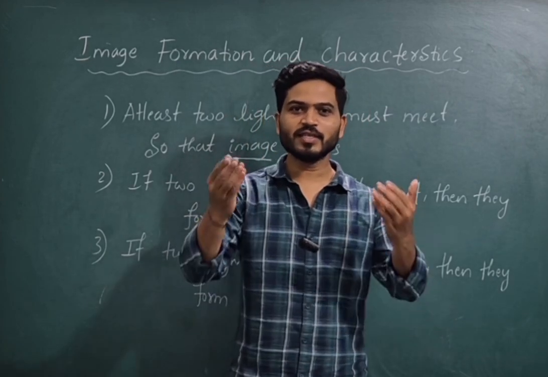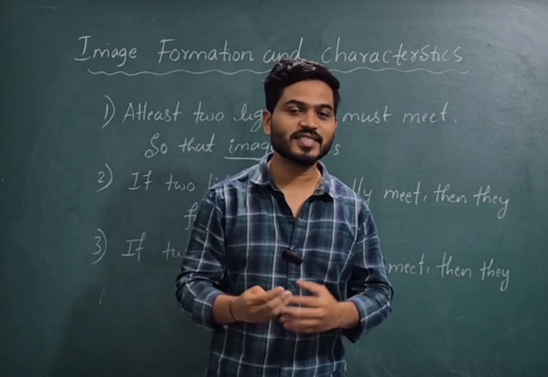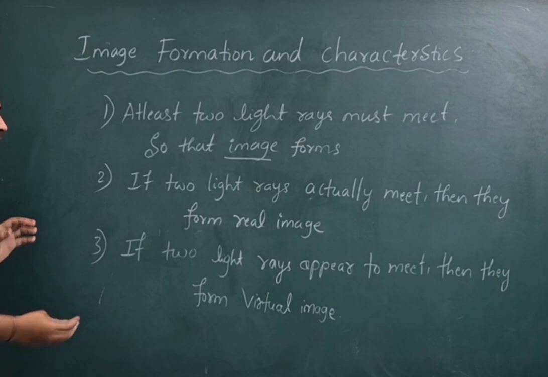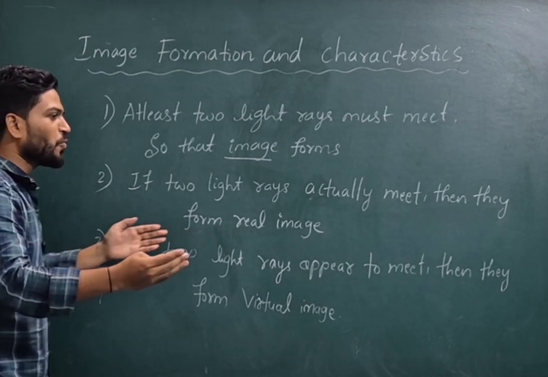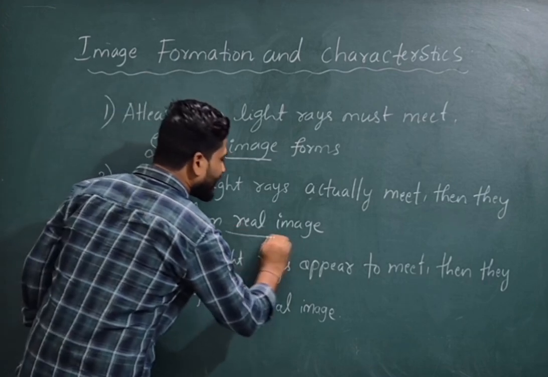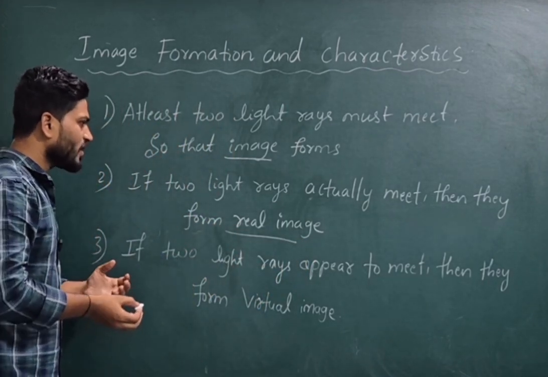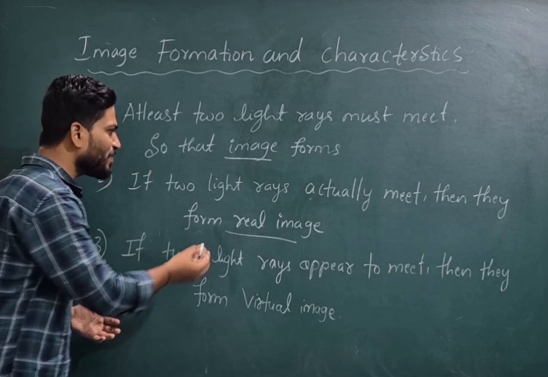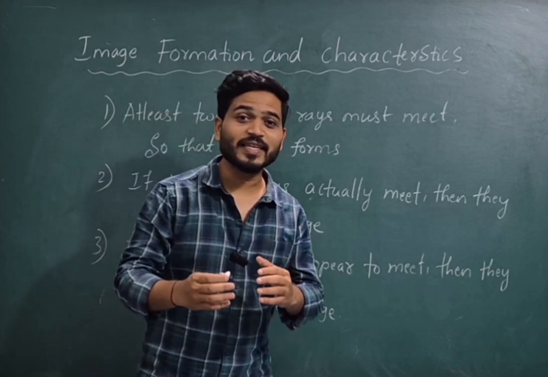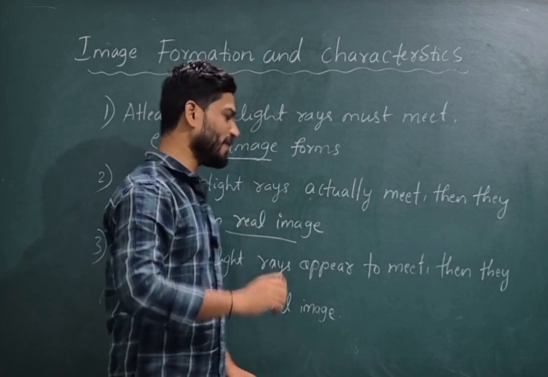This is not an illusion. This is a reality, right? When two light rays really meet in front of you, then you will get the real image. We can get this image on the screen. The image which you can get on the screen is called a real image.